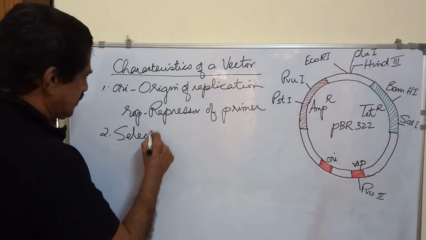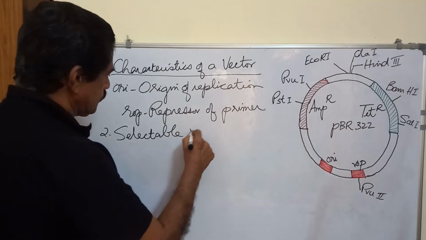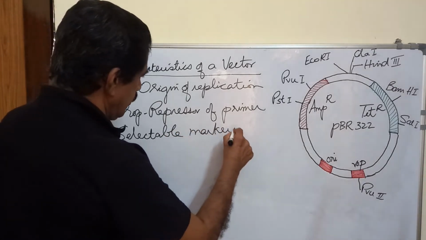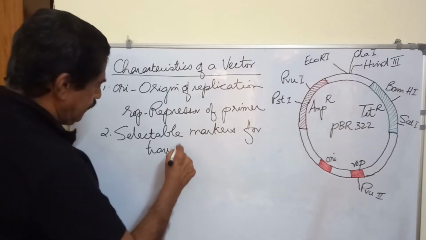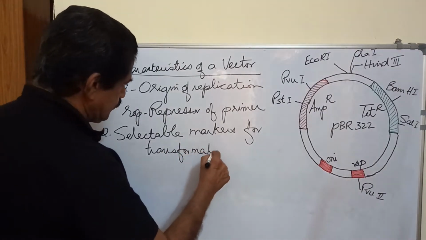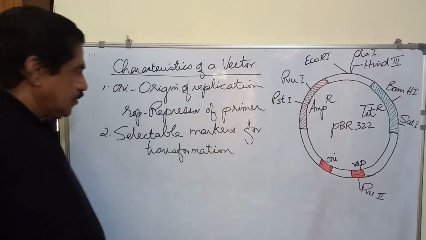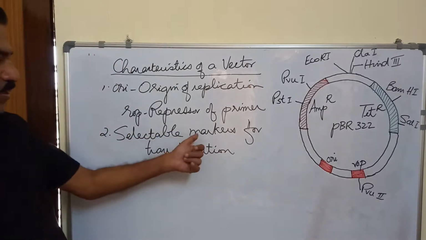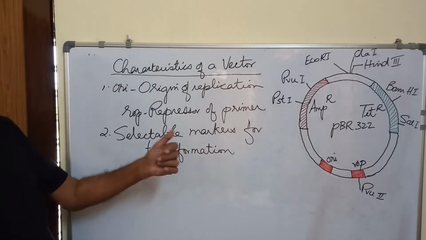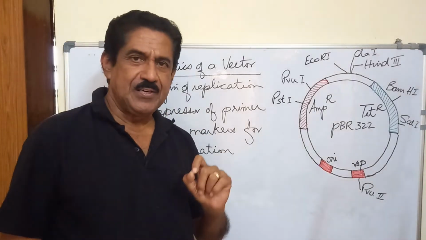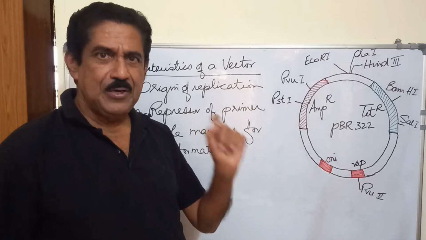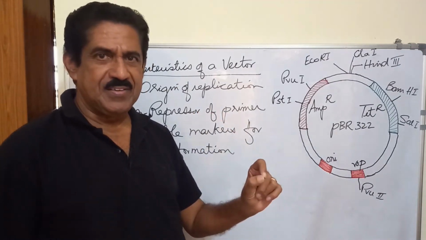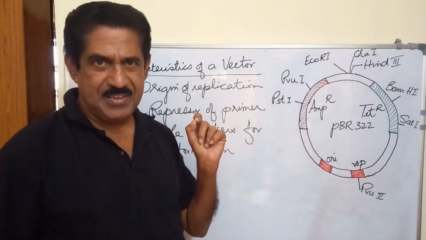Now, the second characteristic is selectable markers for transformation. Here, we get three types of E. coli when we do the experiment involving gene cloning in bacteria.